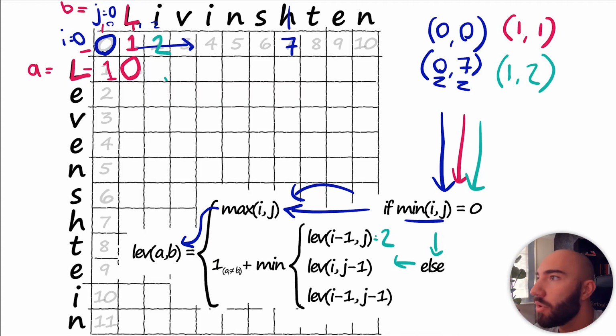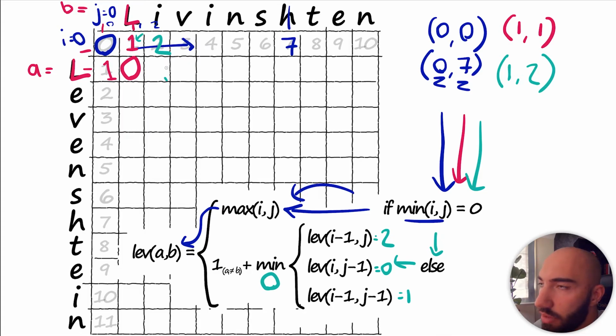So 1, 1, so this is a 0. And then we have position i minus 1, j minus 1. So that is i equals 0 and j equals 1, which is this 1 here. So we have 1. What's the minimum value of all those? It's 0. And are A i and B j the same here?